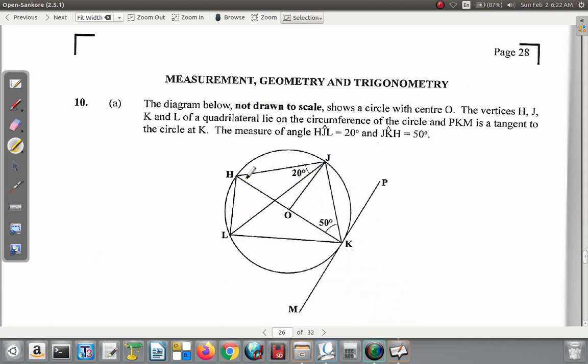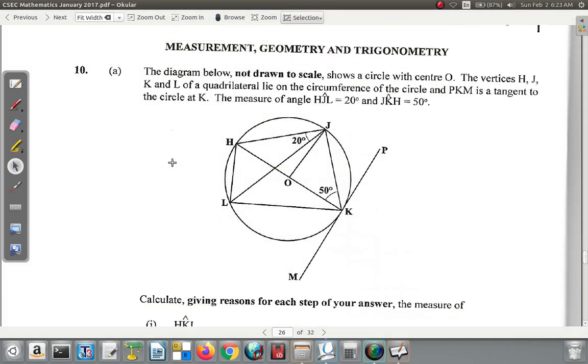So angle HJL is 20 degrees, and JKH is 50 degrees. You can see it here, right? All right. What do they want you to do?